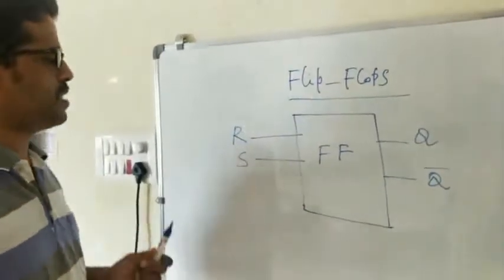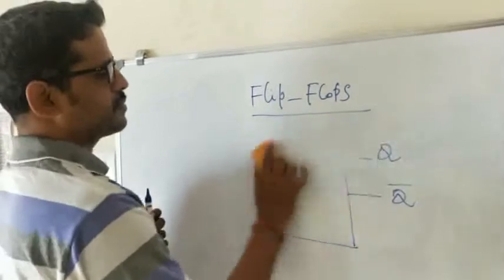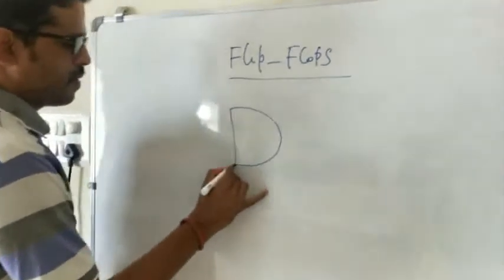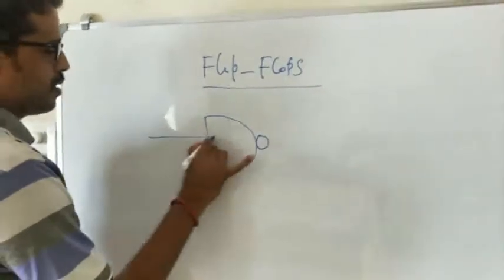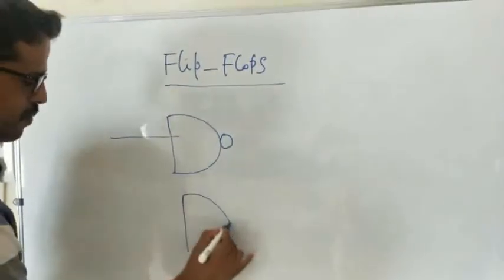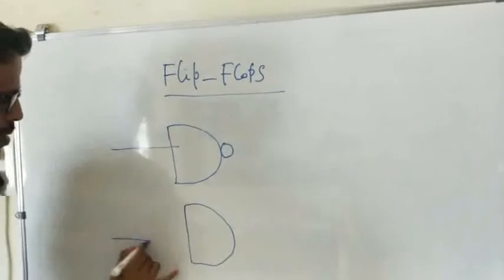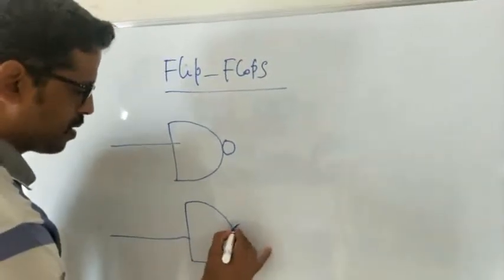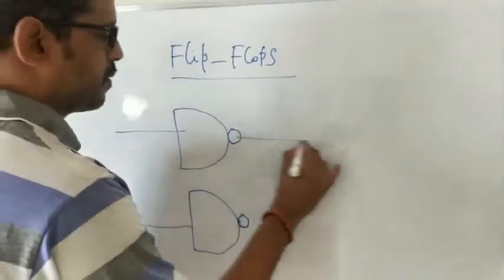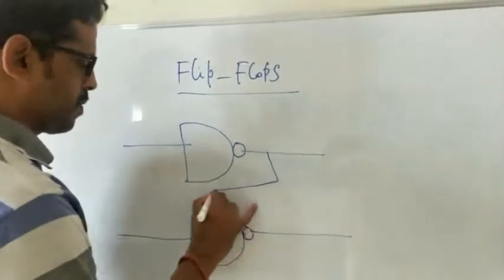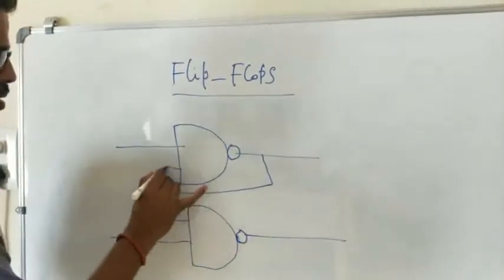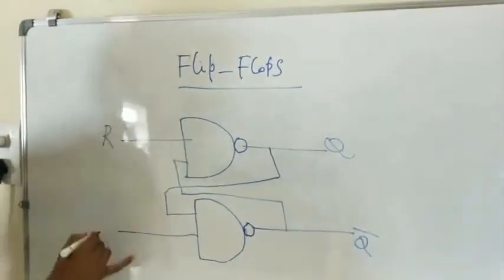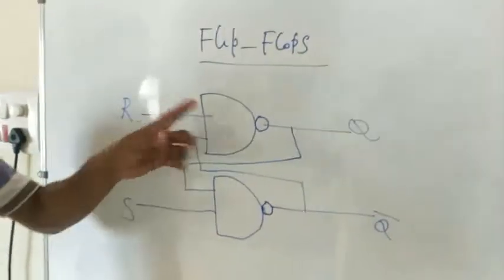Now we will see the logical diagram of this RS flip-flop. I think you can easily understand the flow of this circuit.